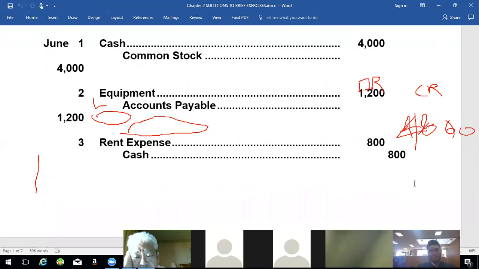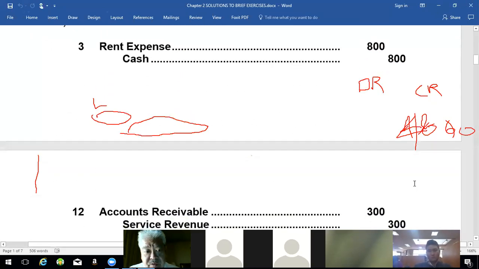So to reduce our cash, to make it less, we're going to credit. And you'll see here that that's the opposite effect of what you saw in the first transaction, where the debit of cash, the asset, increased the asset. Here, spending cash decreased the asset.